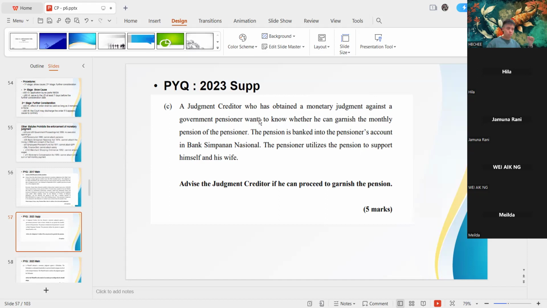First thing is the Pensions Act prohibited you from garnishing the judgment debtor's money, the pension. Then the second thing is, say it's banked into the BSN, you cannot attach without the consent of the court. Is that okay?